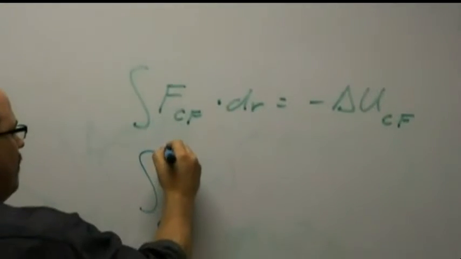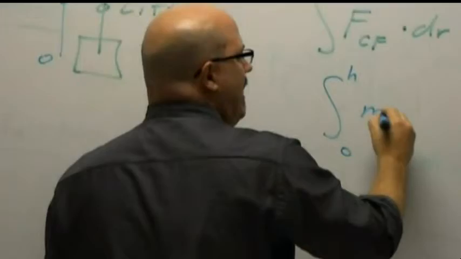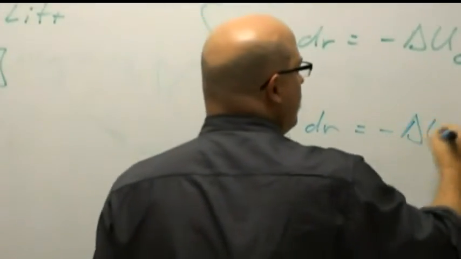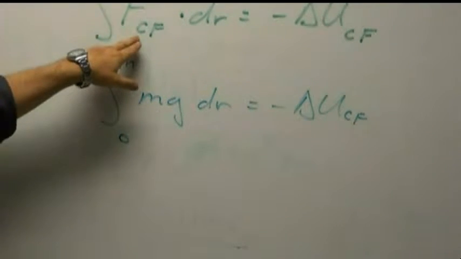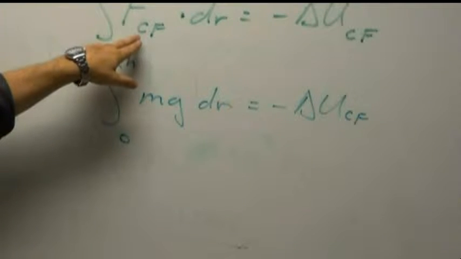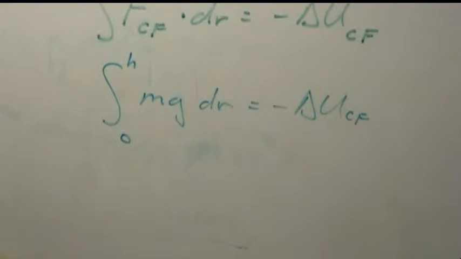So I'm going to lift it from 0 to a height of, how about h? From here to here, h. So that's mg dr equals negative. Okay, but we're talking about the work done by the conservative force. Which way is the conservative force? Down. Which way is gravity?